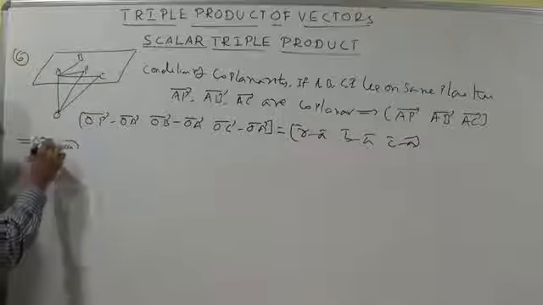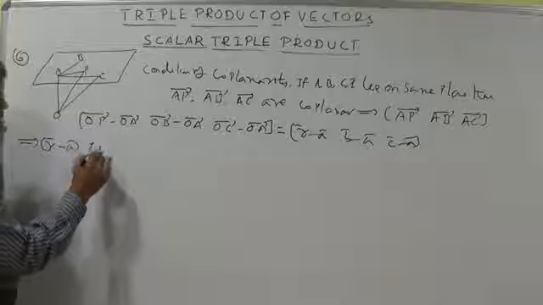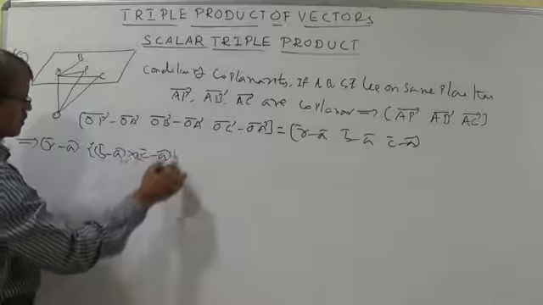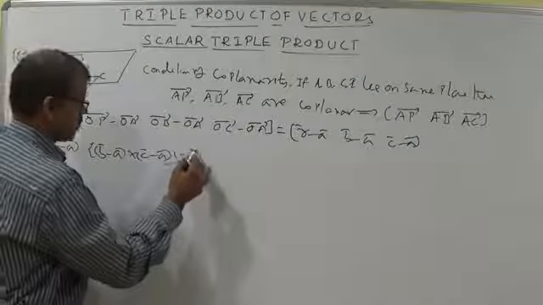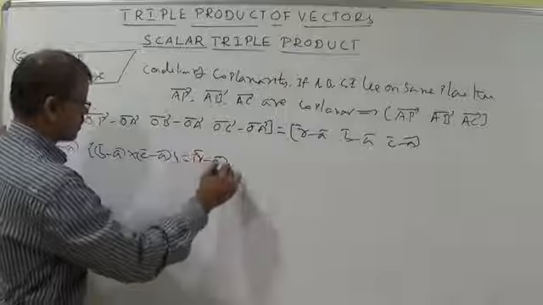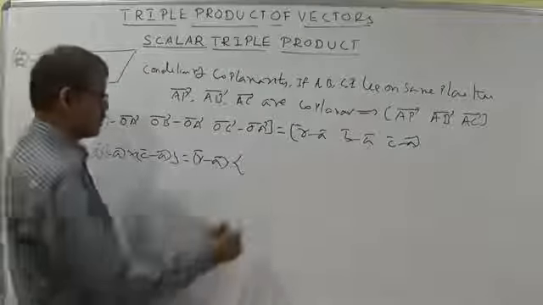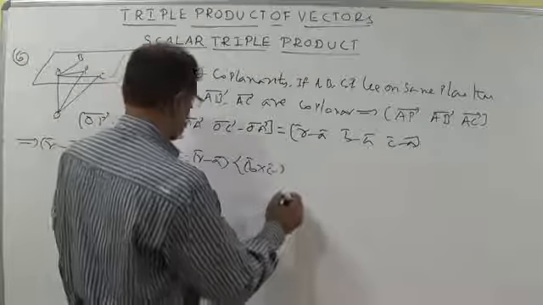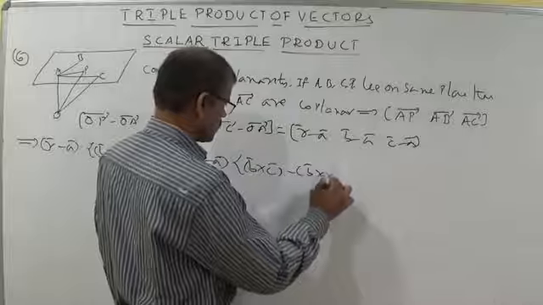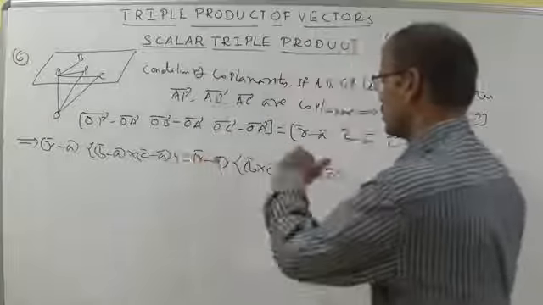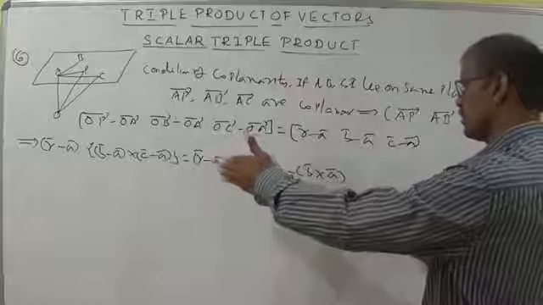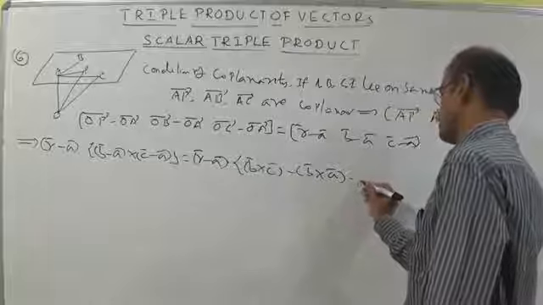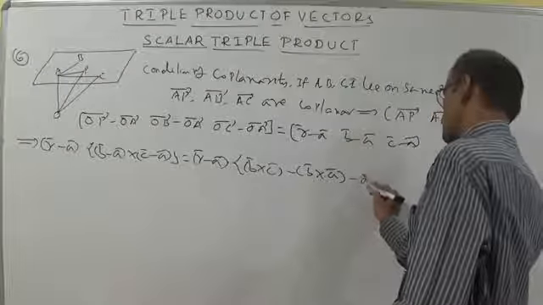You can write here R bar minus A bar dot B bar minus A bar cross C bar minus A bar. That is equal to R bar minus A bar dot, multiplied with this one, B bar cross C bar minus B bar cross A bar minus A bar cross C bar.